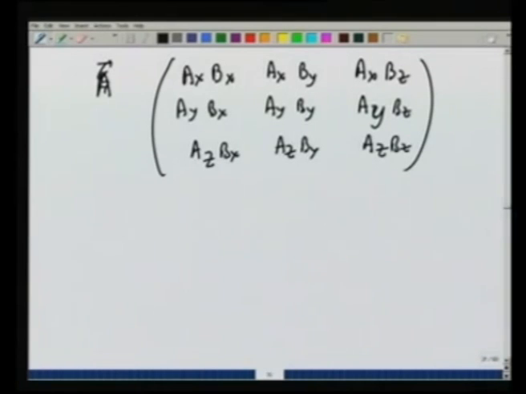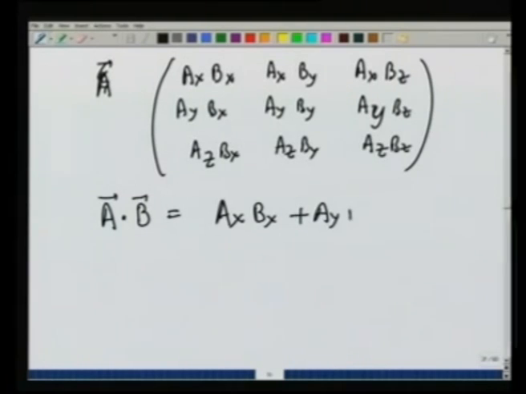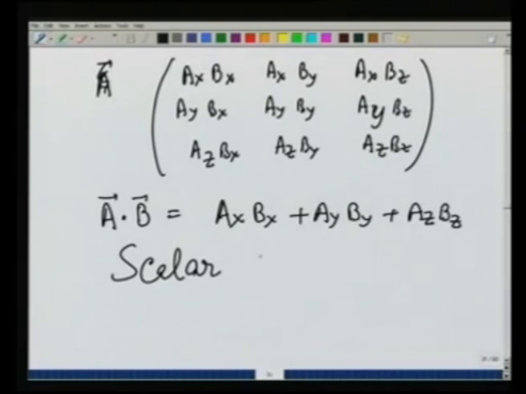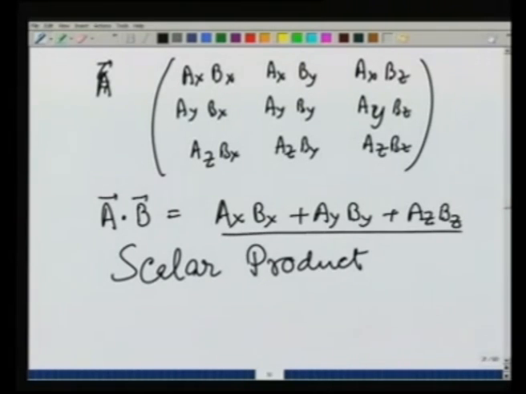Of all these 9 components, we took 3 of them and wrote a scalar product as the sum of AxBx plus AyBy plus AzBz, and we call this a scalar product.